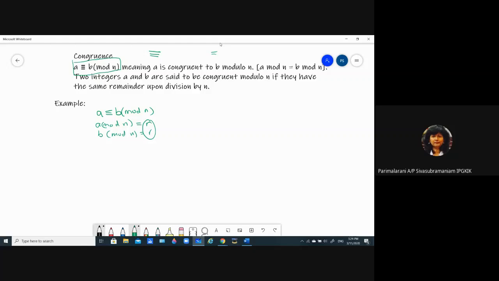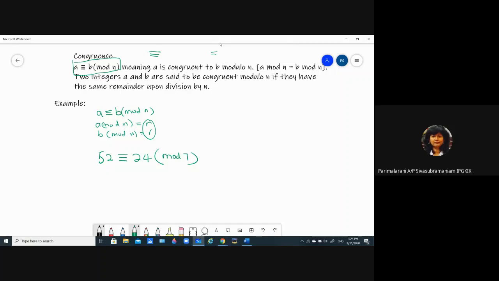That is why A is congruent to B mod N. So two integers A and B are said to be congruent modulo N if they have the same remainder upon division by N. Okay, so if I give you an example here, 52 is congruent to 24 mod 7. Is this statement true or false?